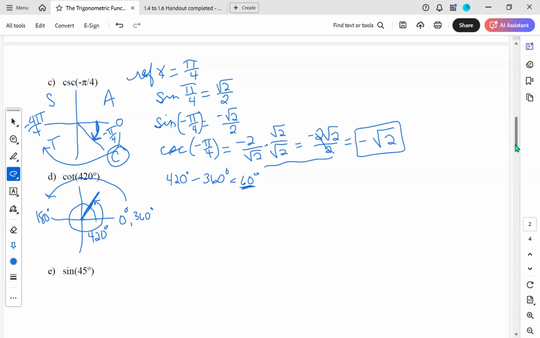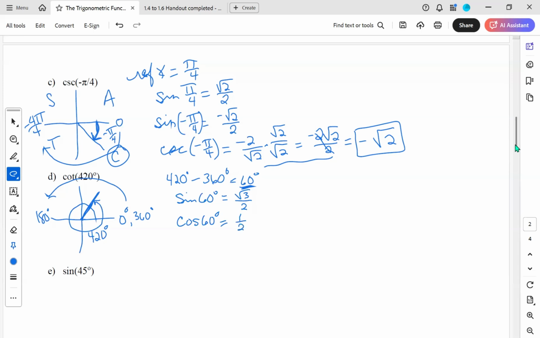Now, we're doing cotangent. What I like to do is start with sine. So the sine of 60 degrees is going to be square root of 3 over 2. Again, either the unit circle or the hand, whatever works best. Cosine of 60 degrees is equal to positive 1/2.